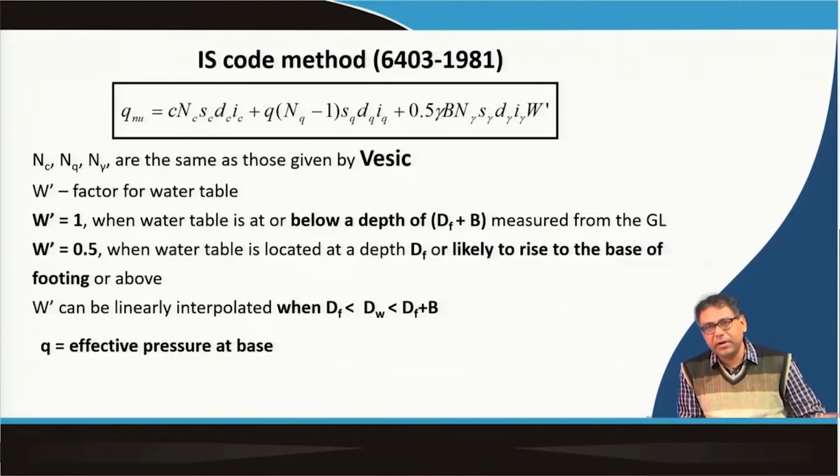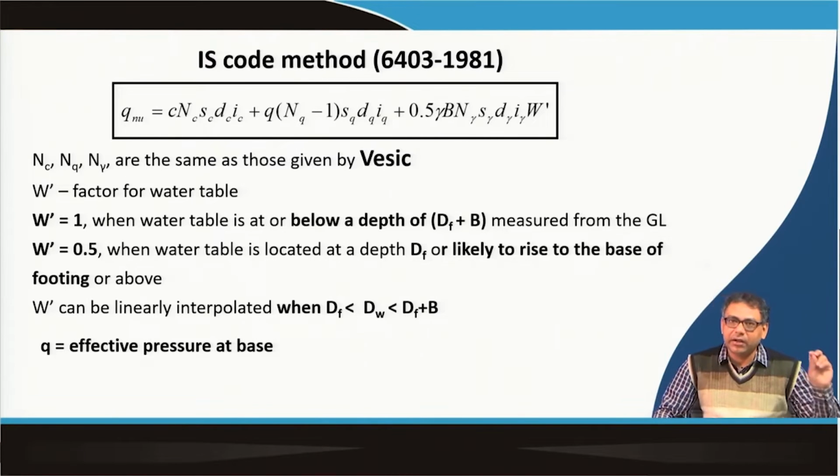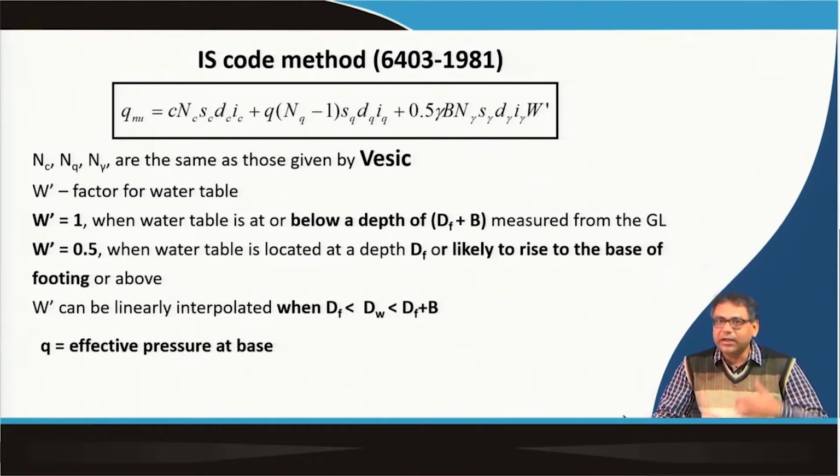but in the previous equations the water table effect we have to incorporate by using the equation that I explained during Terzaghi's bearing capacity equation. So, I have already discussed the Terzaghi bearing capacity equation, and also how we can incorporate the water table effect in that equation.